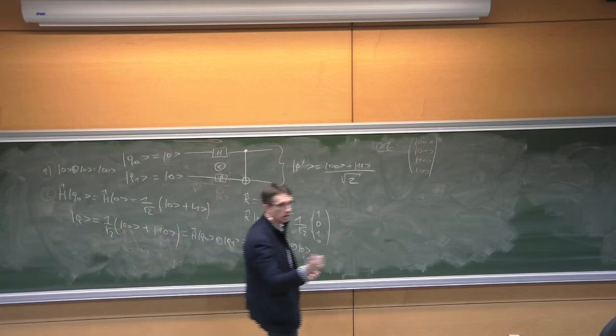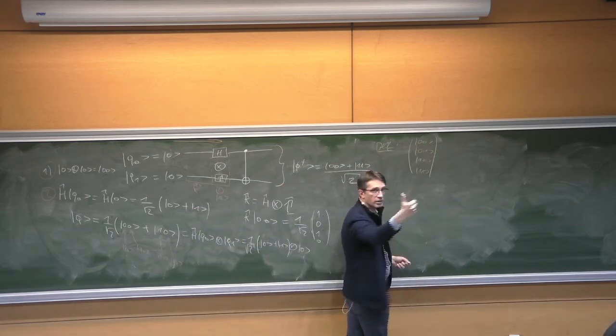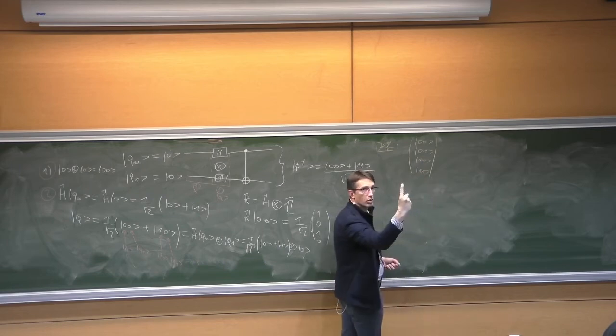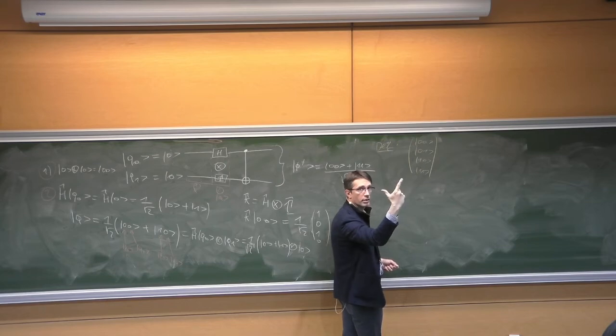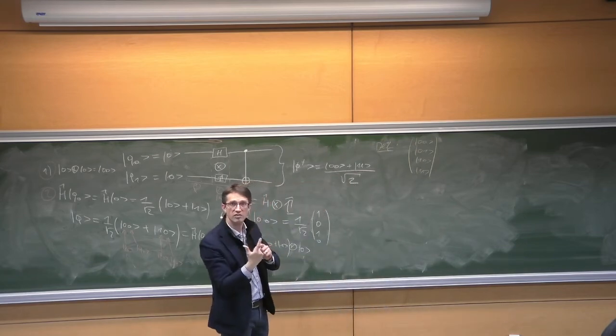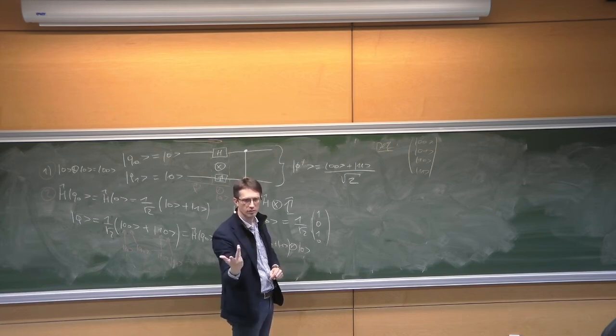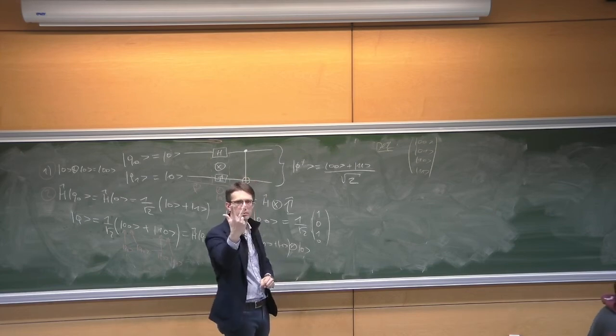So if you count binary, this is 0, this is 1, this is 2, and this is 3, if you want to do binary on your hand. And if you were to have 3 qubits, and we've seen that before, it's 0, 0, 0, then 0, 0, 1, and so on and so forth. And then at the end, you've got these 3.